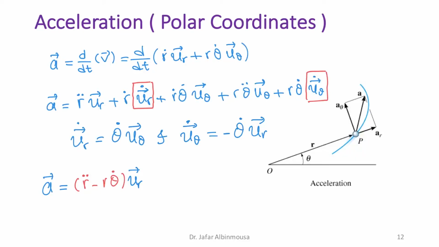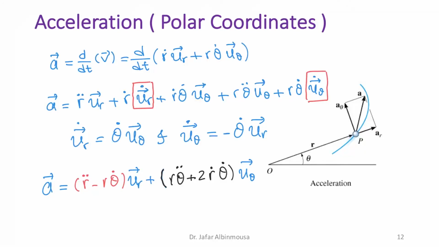This is the radial component of the acceleration, plus r theta double dot plus 2 r dot theta dot, times u theta. This is the transverse component of the acceleration.